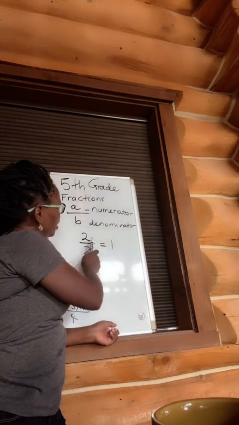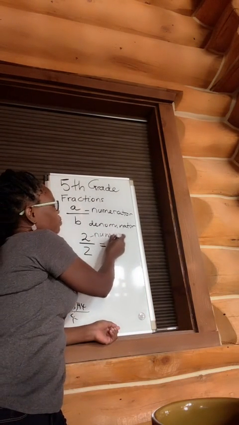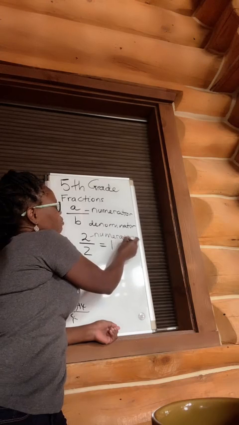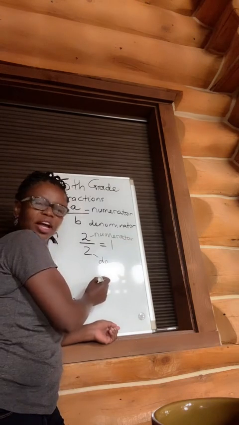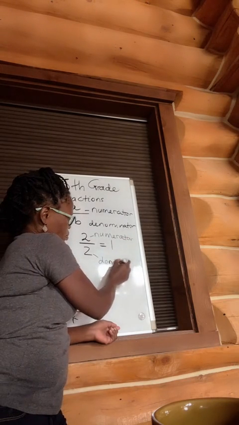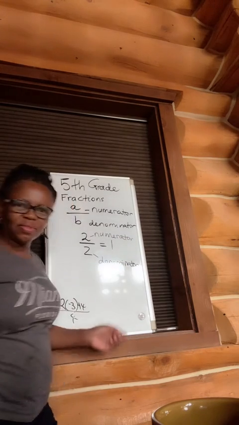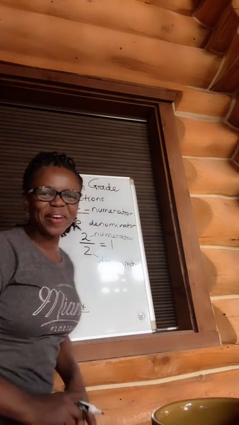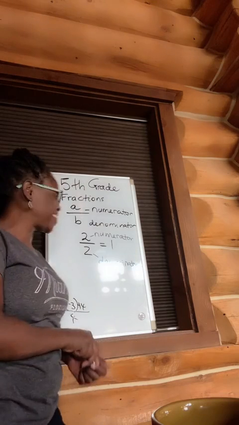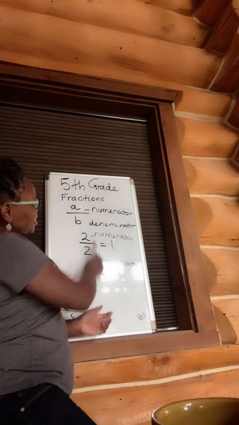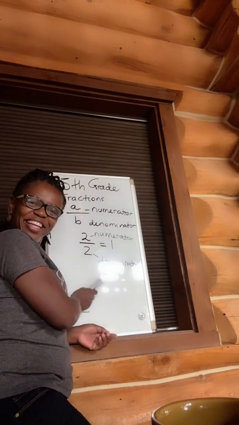You are saying this is the numerator, and this is the denominator, and you're correct. Maybe my question was not clear, but this is an example of a numerator and a denominator.